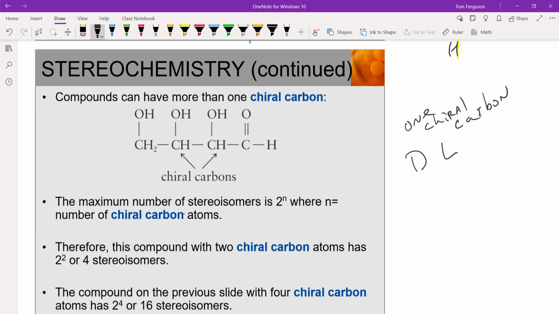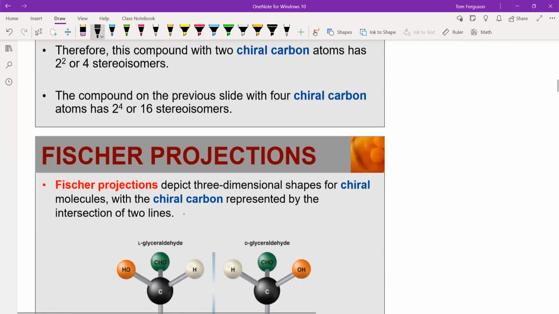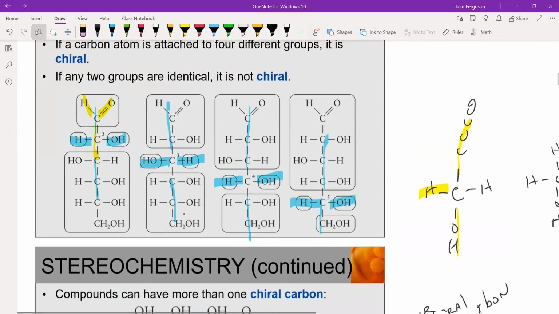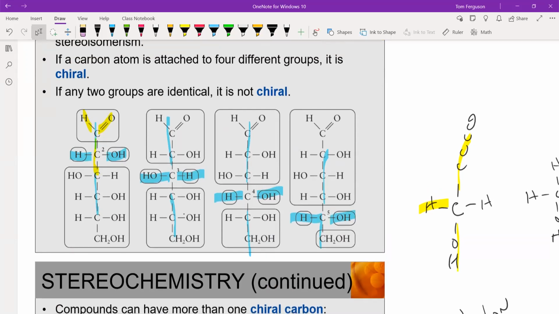You can have lots of them, but if you have at least one, you'll end up with this D and L stuff. Now, if you see the long string, going back up here, let's clean this up somewhere. So the question then is, how do you know whether it's D or L?